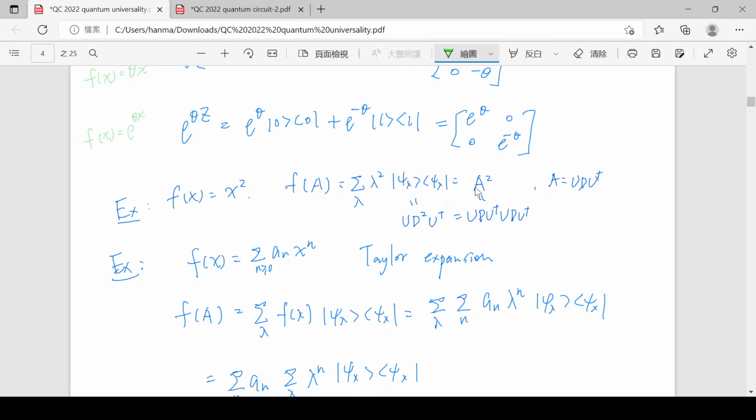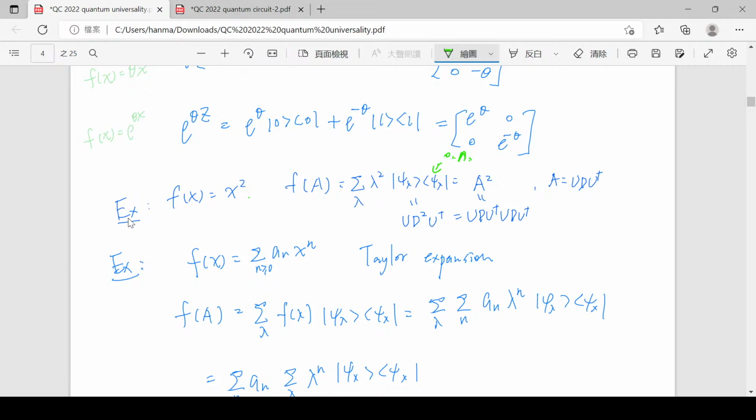And this is actually equal to A squared, and there are several ways to see this. One way is to remember that those psi lambda, in our definition of diagonalizable, should be an orthonormal basis. So when you multiply A together, all the cross terms cancel and you only get the lambda squared terms.